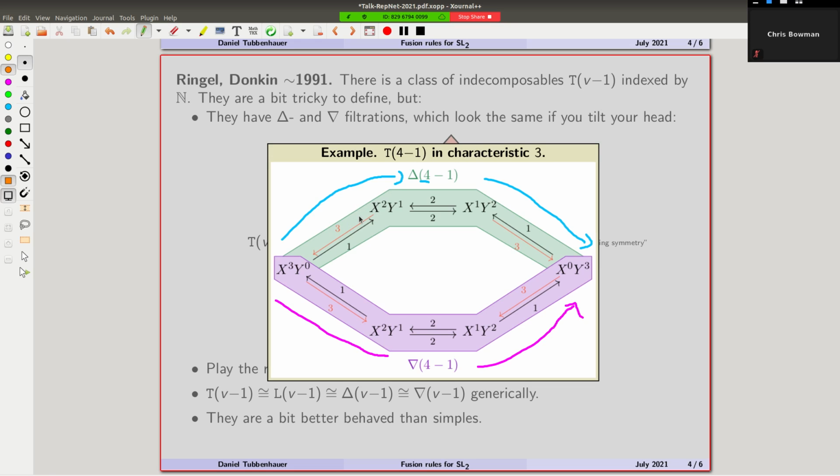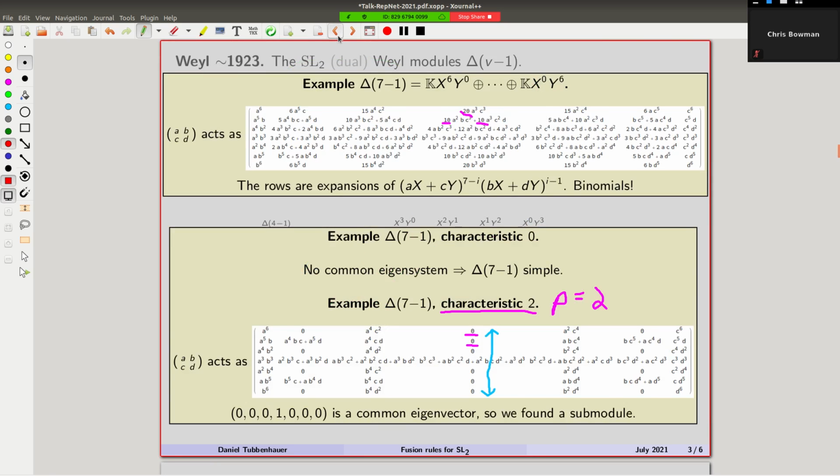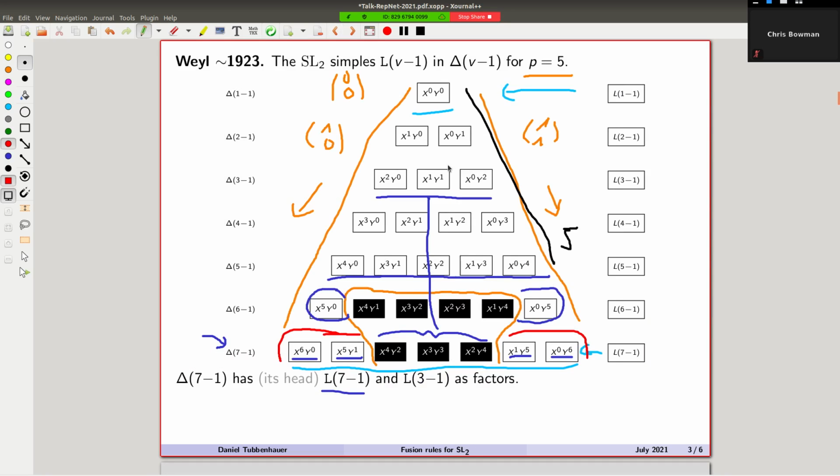For T4-1 in characteristic 3, the difference doesn't matter. But anyway, these are the standard generators that you usually see acting here, let's say, for the Lie group, F and E. And as you can see, some of them just die. So this 3 here will die. So you can't hop out of this little box here anymore. And that's then a submodule sitting in the delta 4 module, which was, well, I have only a picture for characteristic 5, but it would be this little submodule here sitting in the delta module.